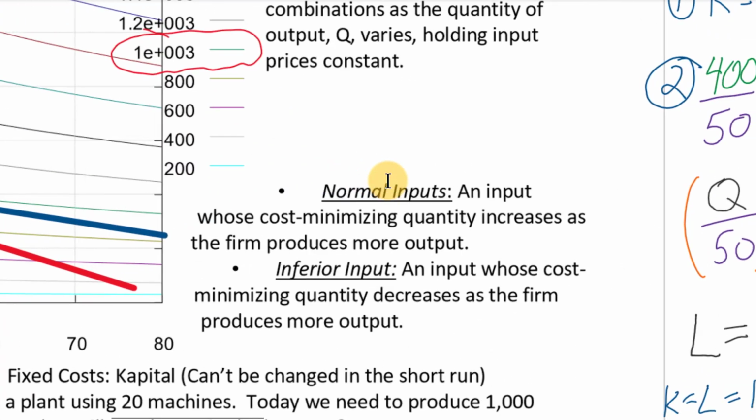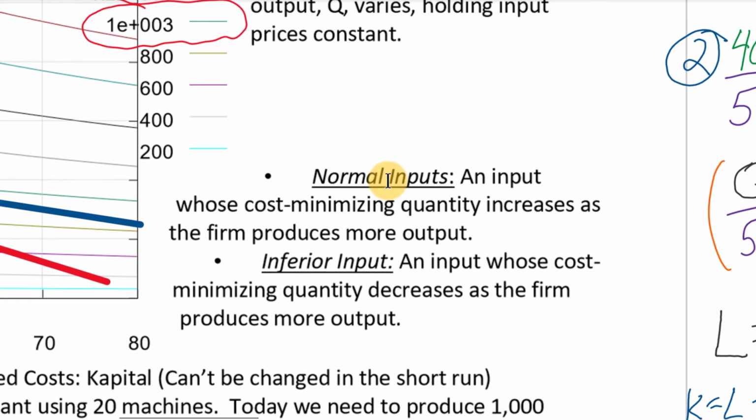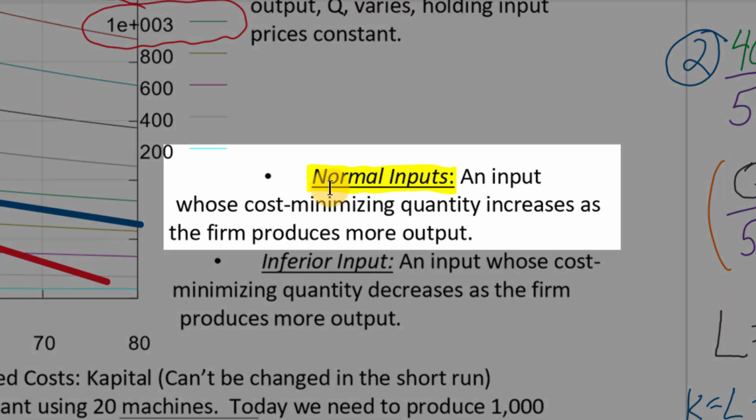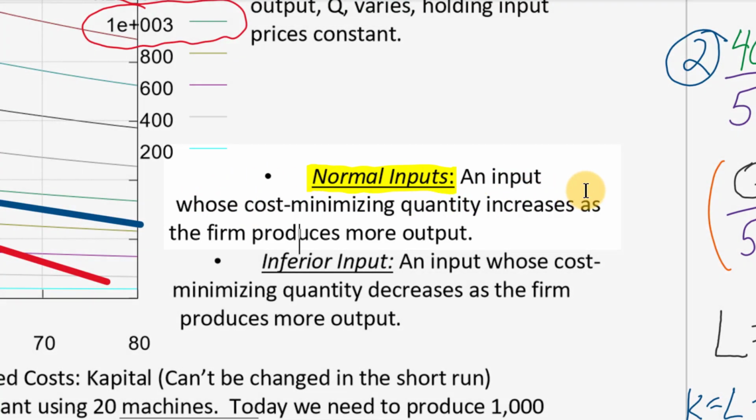In that case, we would call both capital and labor normal inputs. This idea is related to the idea of a normal good. A normal input is one where as you expand your output, you're going to use more of that input. An input whose cost minimizing quantity increases as the firm produces more output.